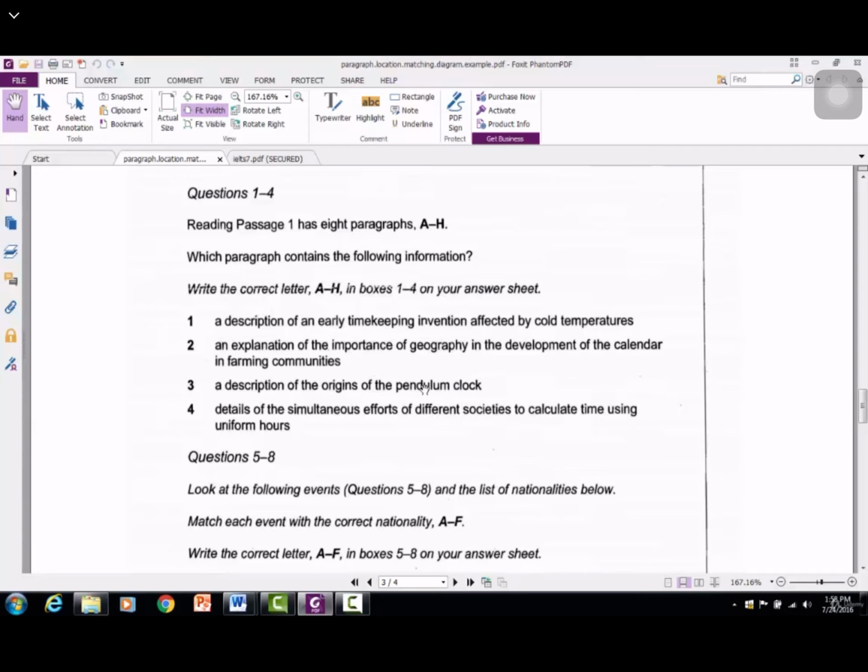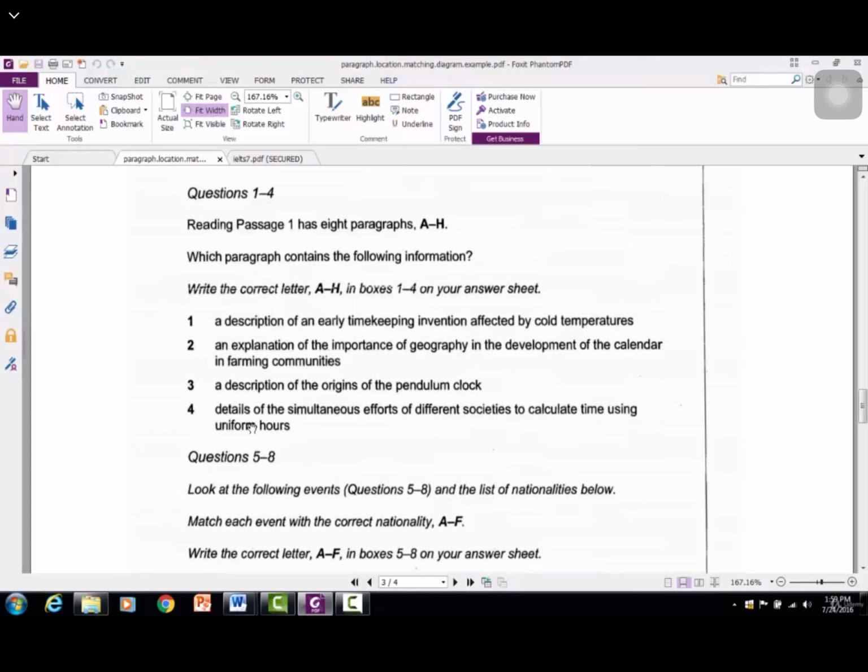Number 3, pendulum clock. And number 4, simultaneous efforts. Simultaneous means doing things at the same time. Simultaneous efforts of societies and using uniform hours. All right. So those are the keywords that I'm going to circle, and that I'm going to try to keep in mind while I'm doing the other questions.